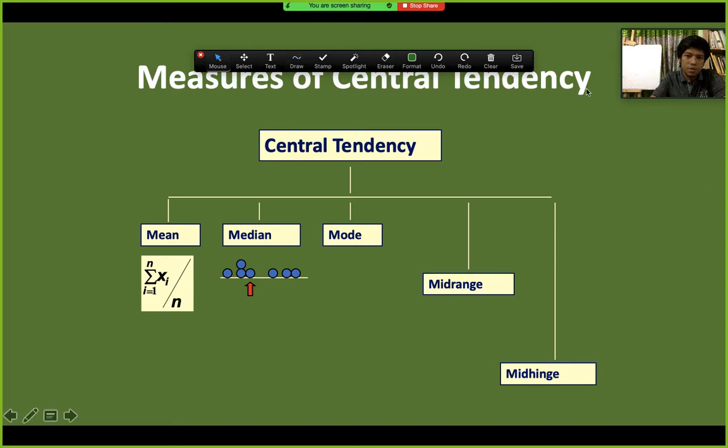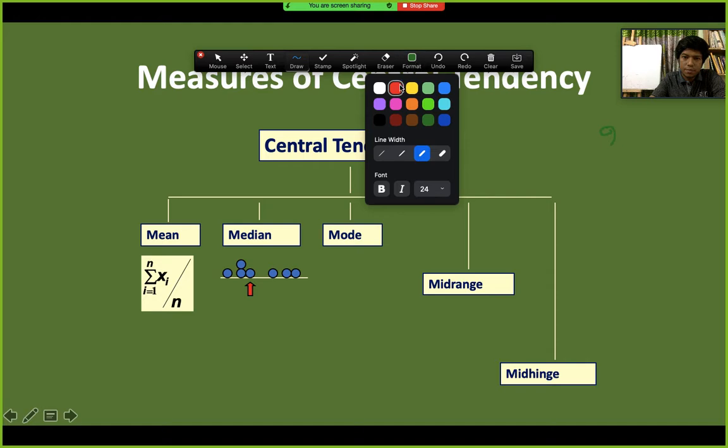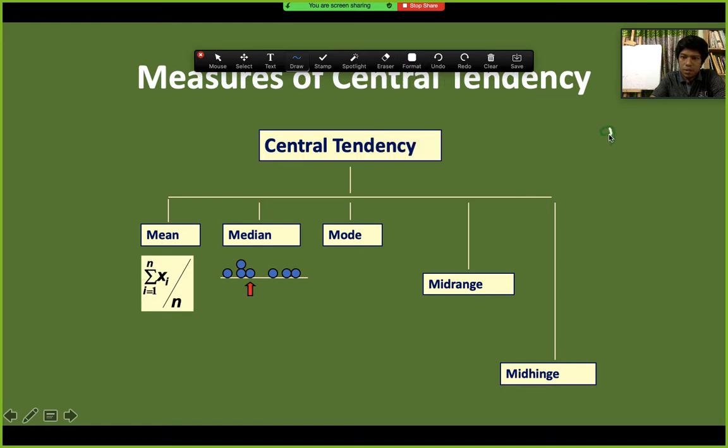Suppose you go to investigate the ages of some students of class 9.